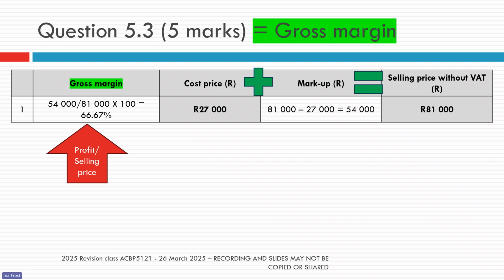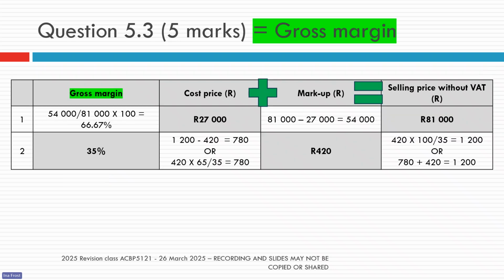Again, please remember to show your workings so that we can follow how you made your calculations. The question said up to 2 decimal points, so that's why we've got 66.67, following the instructions from the question. That is what the completed answer looks like for part 2 of question 5.3.